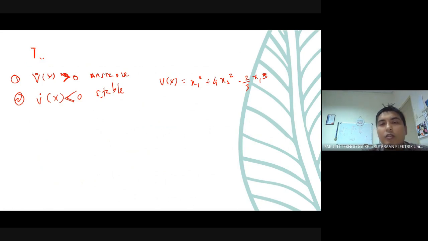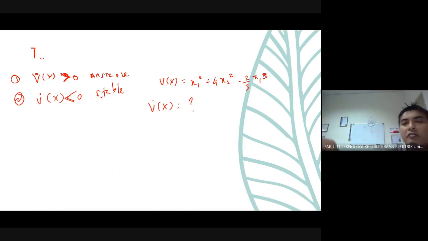Okay, so you need to find the V dot x equal to what? Since there are two parameters here, x1 and x2, the V dot x is actually dV(x) over dt. So you need to find the dV(x) over dt.